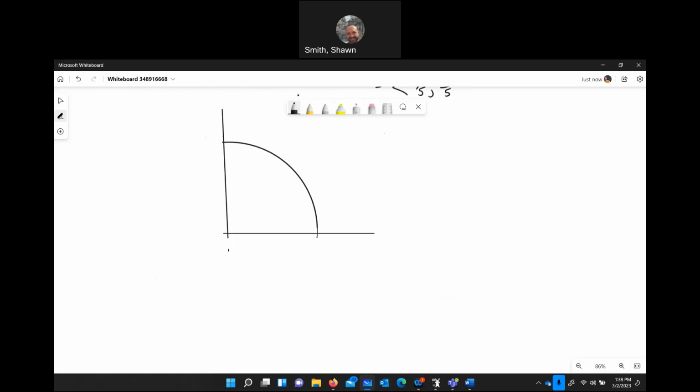But on the unit circle, I have some angle going like this. And from here to here is a length of 1, right? This is a unit vector right here.